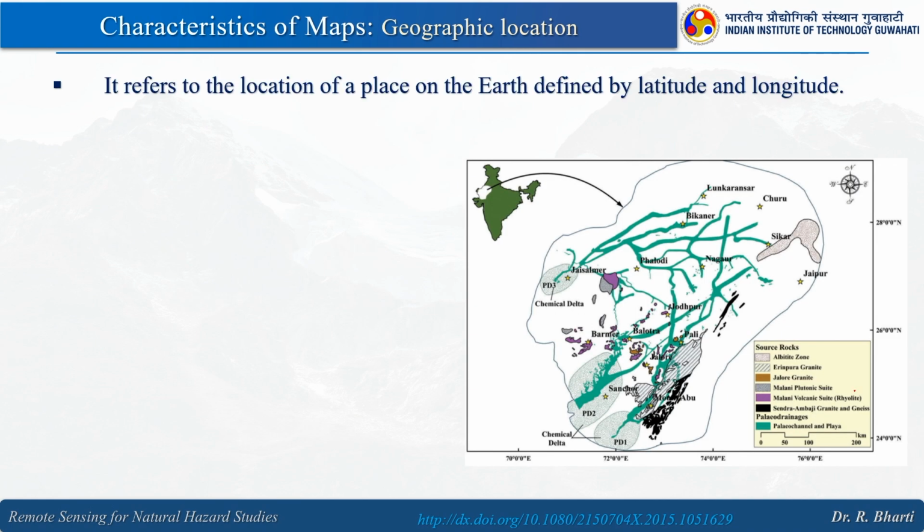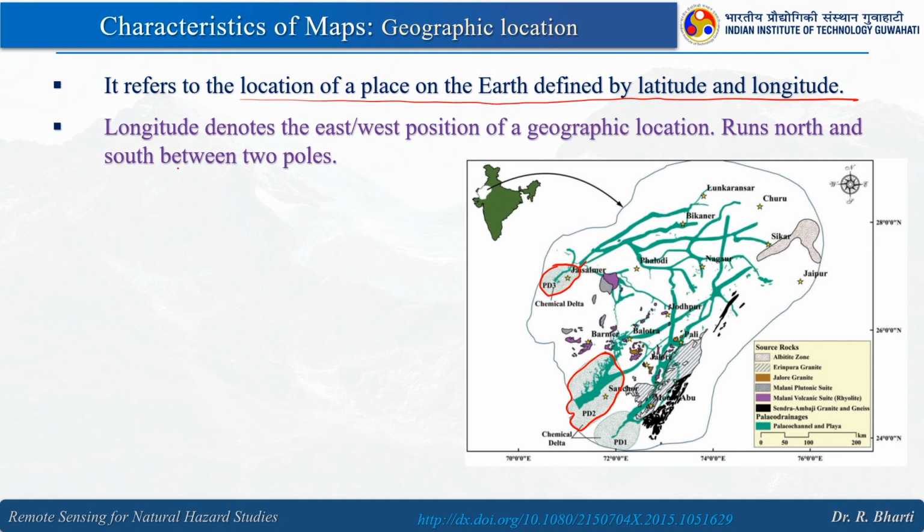When we talk about the geographic location, here you see the location of this particular playa, or you can consider this a lake, right. So, what is the position of this lake, and how has it been generated? The geographic location refers to the location of a place on the earth defined by latitude and longitude.